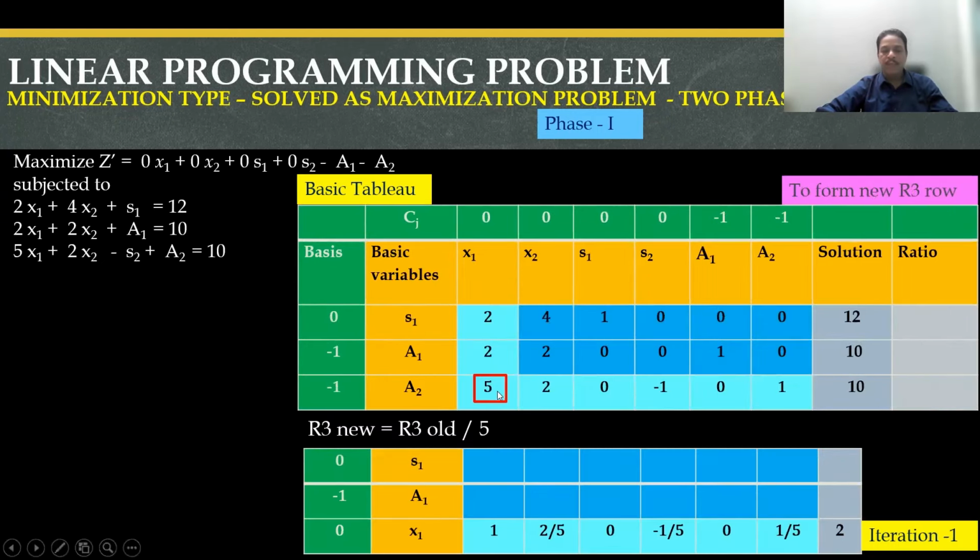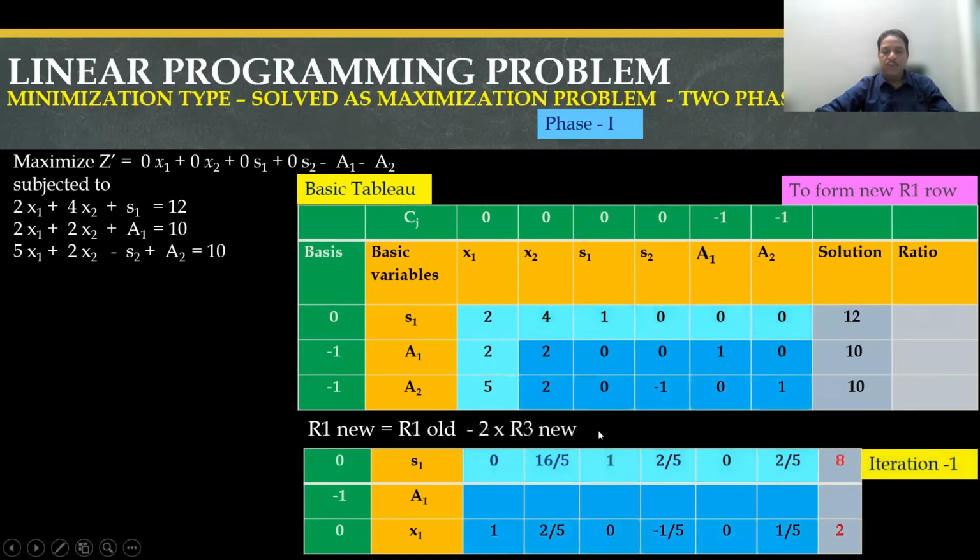So in order to make this 5 as 1, we will divide this row, that is the old R3 row, by 5. The same thing is written here. So R3 new equals R3 old divided by 5, and we get these entries. Similarly, we follow the row operation for making this 2 as 0, and the operation is R1 new equals R1 old minus 2 times R3 new.